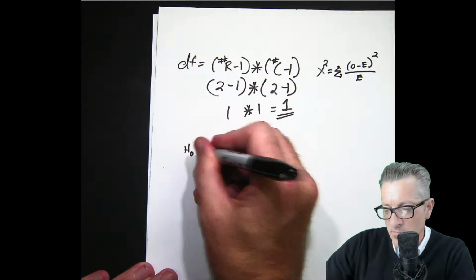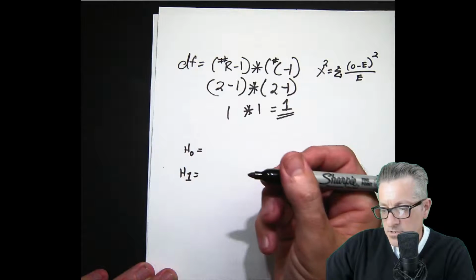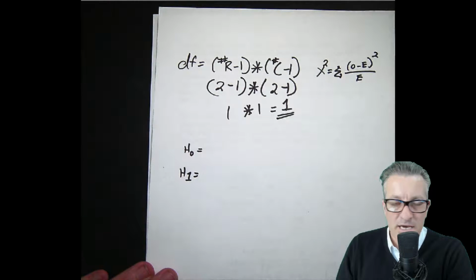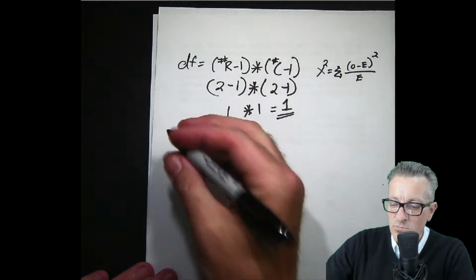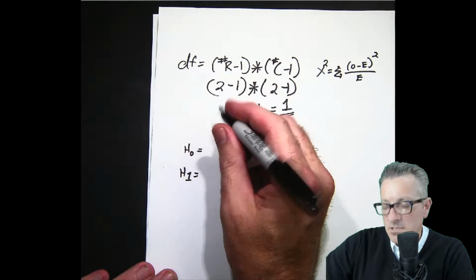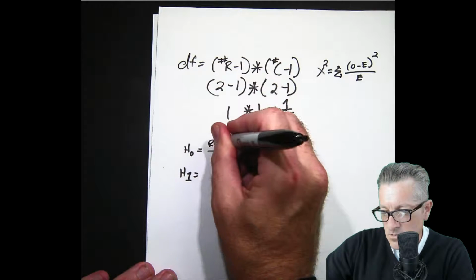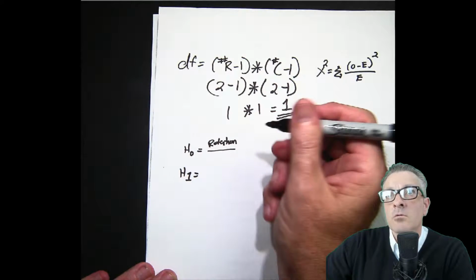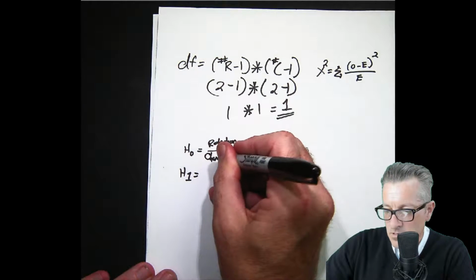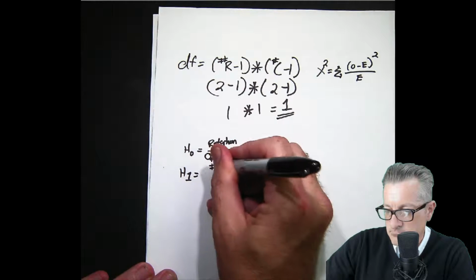H0, which is our null hypothesis, and then we'll say H1, which is our alternative. So H0 is always the status quo. So H0 would be that, let's see, say retention, which is a characteristic, say number 1.